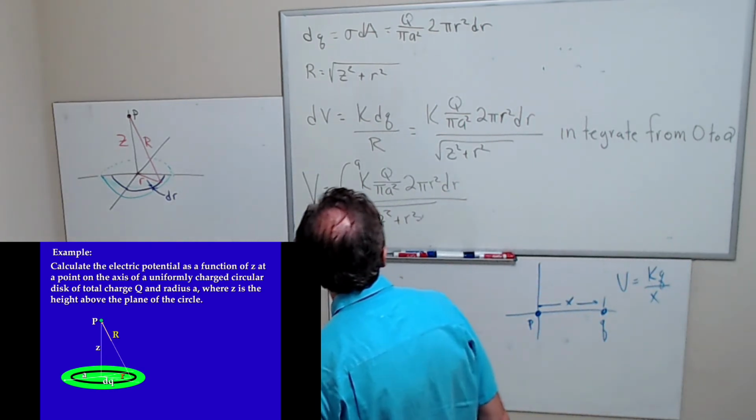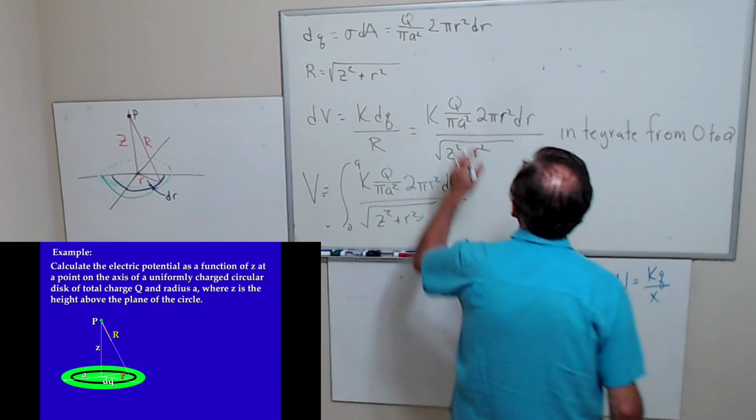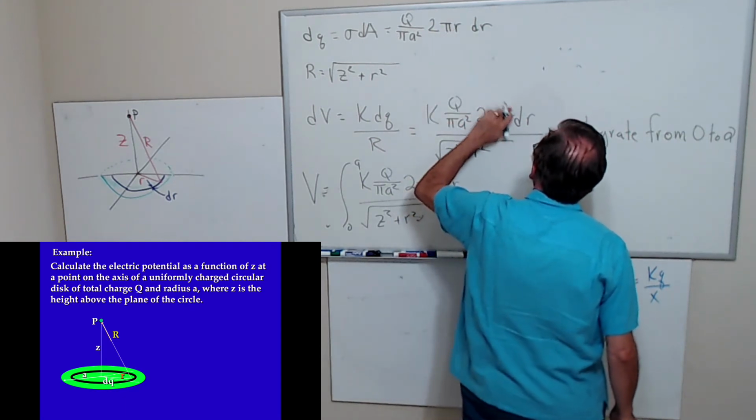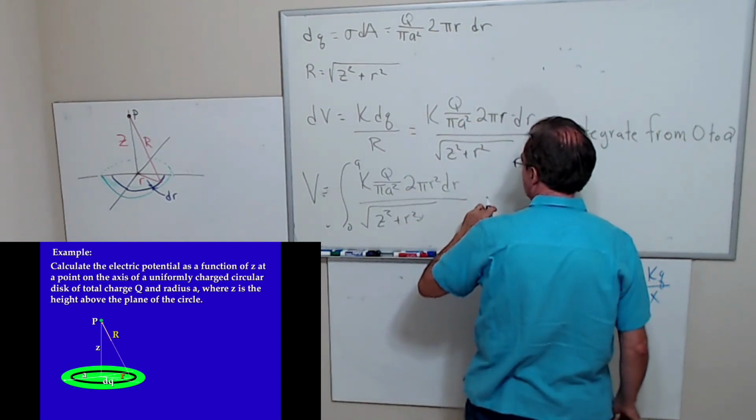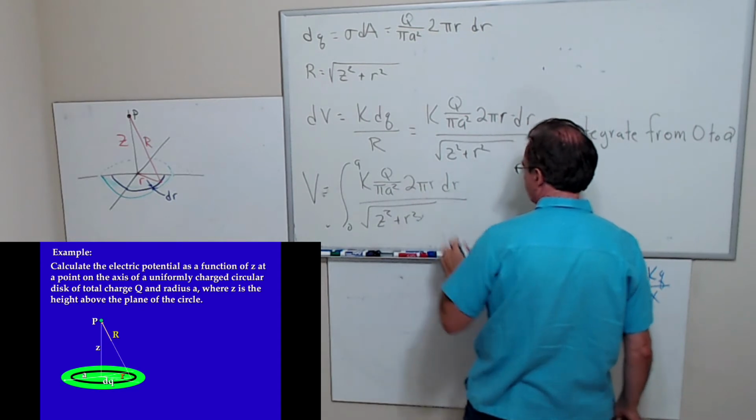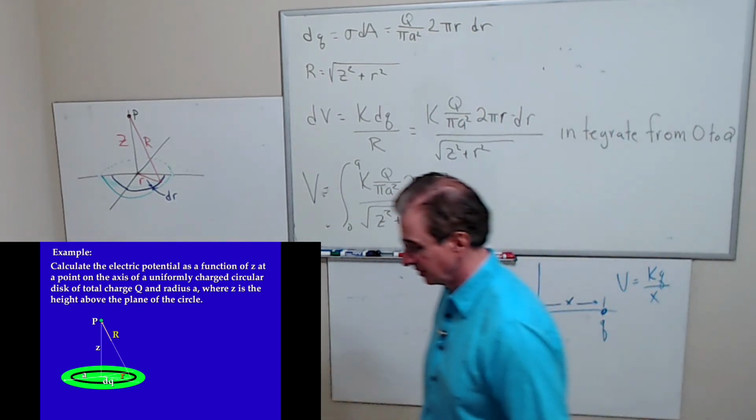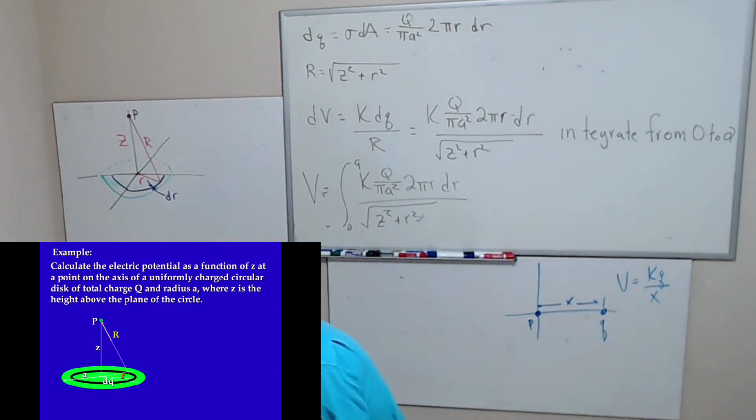Should the r be squared? No, it shouldn't. You're right. It's 2 pi r dr, circumference times dr. Thank you.